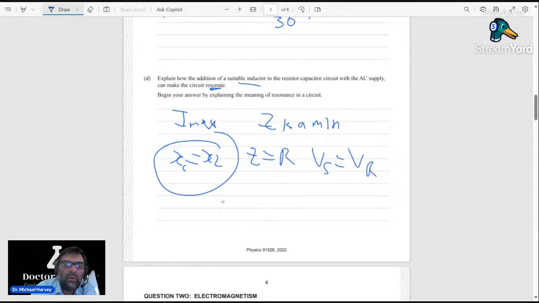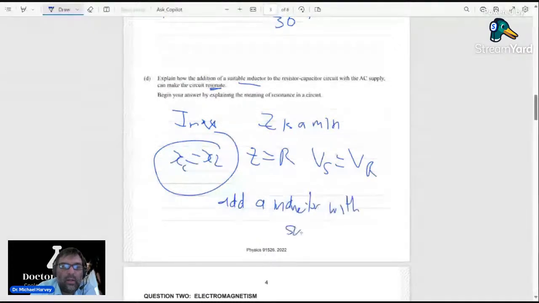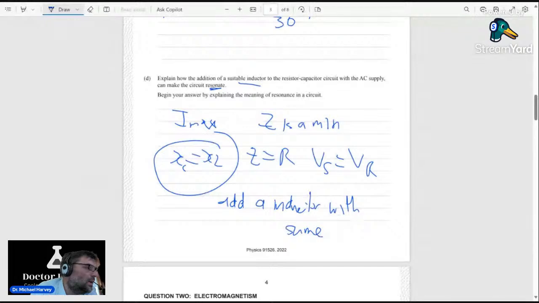Basically, add an inductor with the same, not inductance, what's the word? Reactance, isn't it?